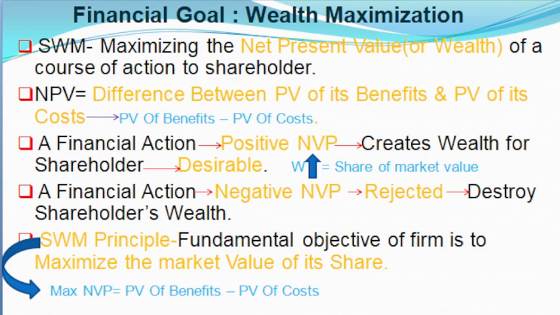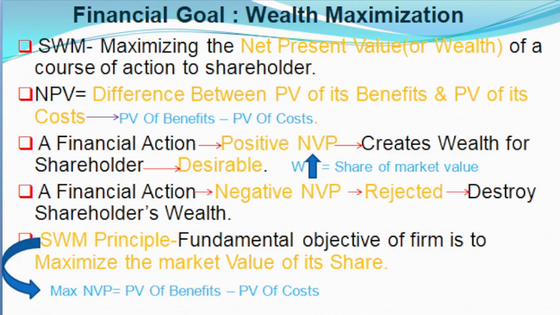So maximum NPV is equal to present value of benefits minus present value of cost. What will be the benefit, the value of benefit that we are getting from a project, the present value of that benefit, and the present value of the cost. What are the costs that we are going to need for that project?